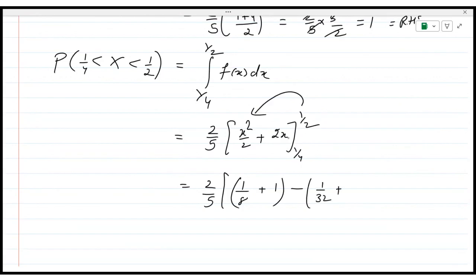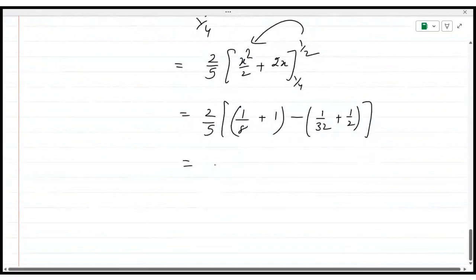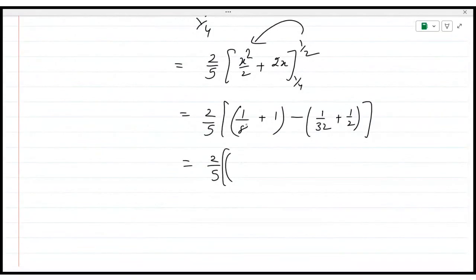And if you put 1/4 here, you will get 1/2. Now we just need to do a little bit of plus minus. So 2/5, this was easy. Take the LCM here. So 8 plus 1, 9/8 in the first part. And if you take the LCM in the second one, you will get 16 plus 1, 17/32. 17/32. Again, take the LCM. LCM is 32.